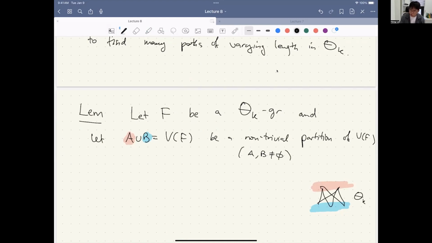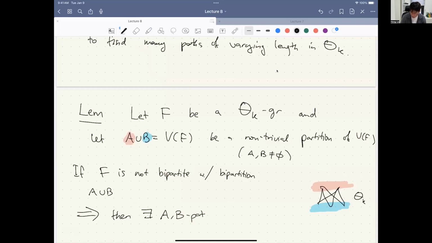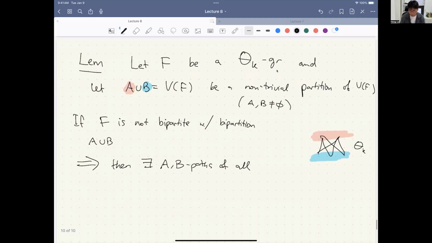Then the conclusion is, if F is not bipartite with bipartition A union B, then there exists an AB path of all lengths less than the number of vertices in F. Let's say it's N.